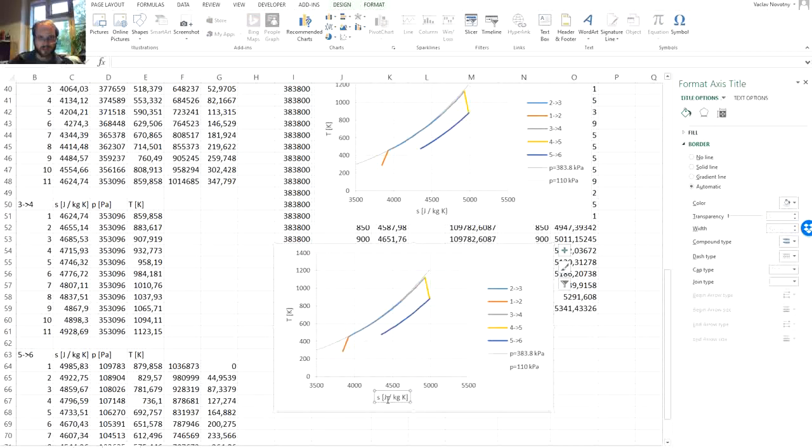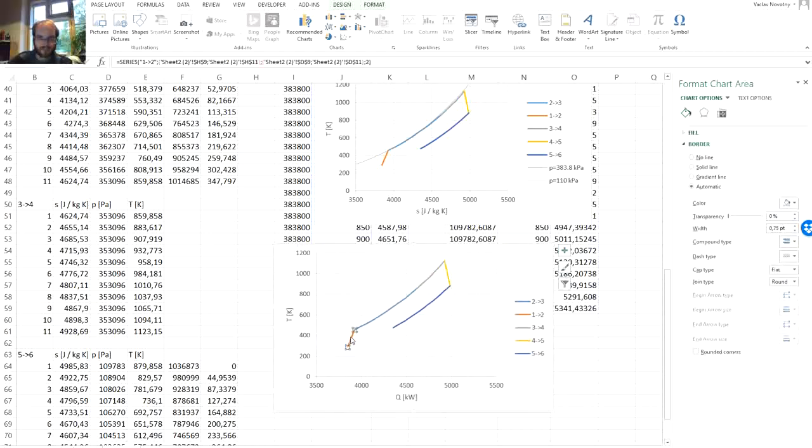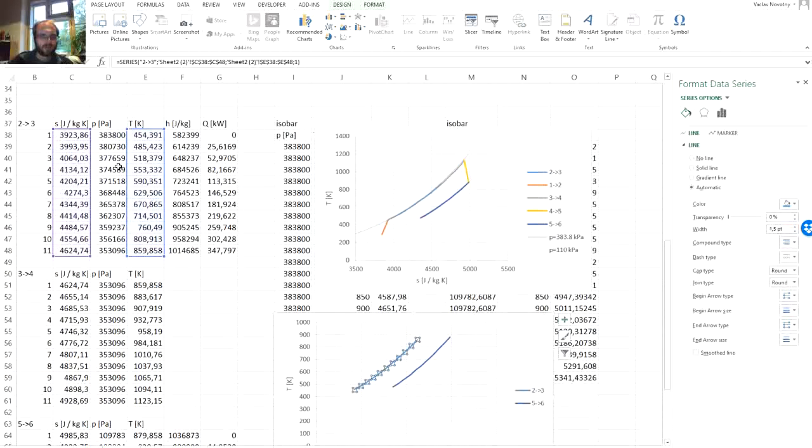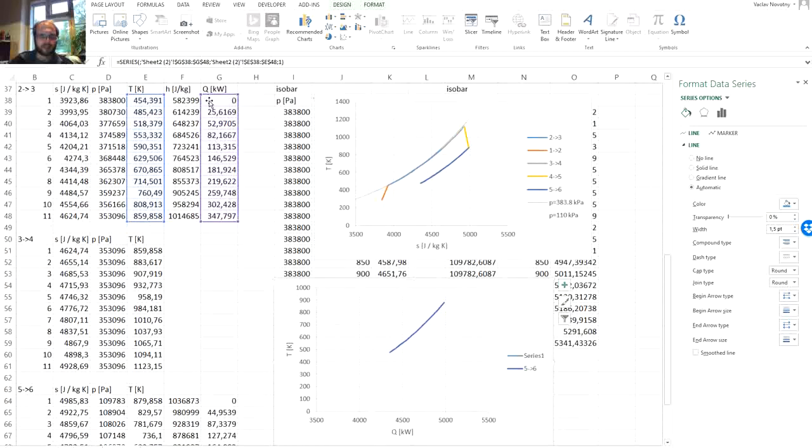Just here at the x-axis we will have the transferred heat in kilowatts, and we will have just two curves, where the temperature is still at the y-axis, while the x-axis is the heat.